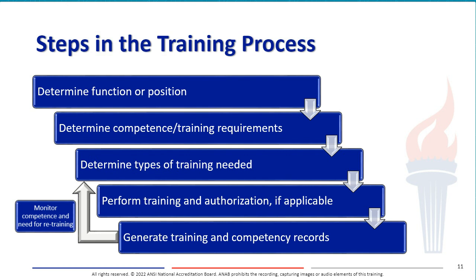While some of the standards do say all personnel or each person, oftentimes it is more efficient to think on the level of function or position first to ensure that all relevant competence and training requirements are identified. Then, drill down to the individual when determining the types of training needed.